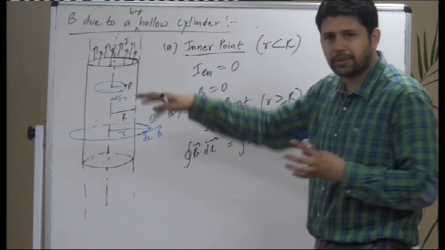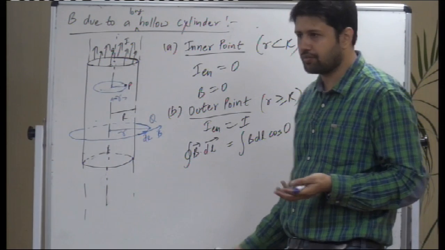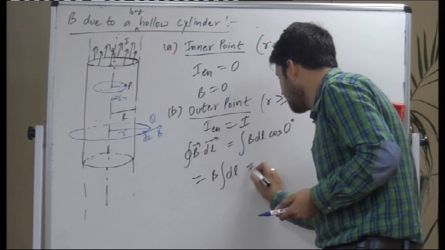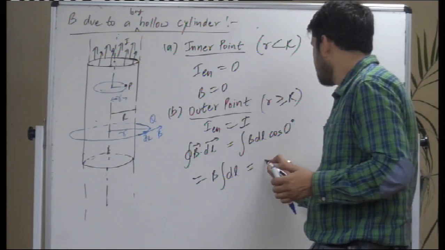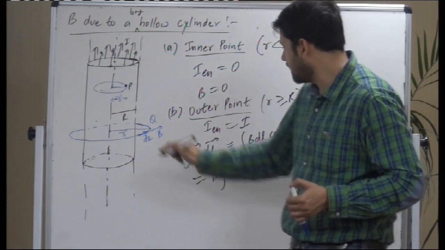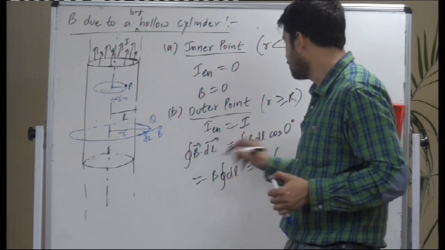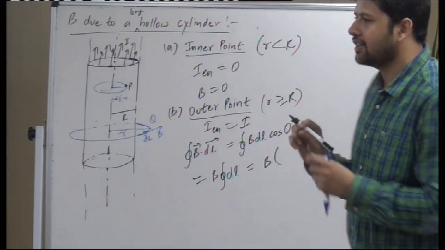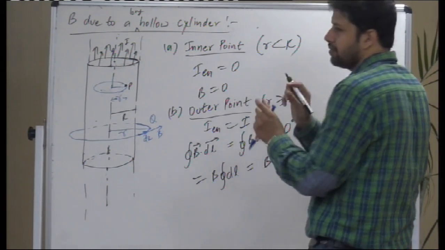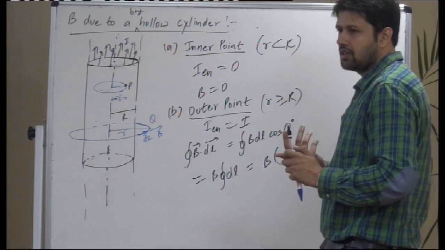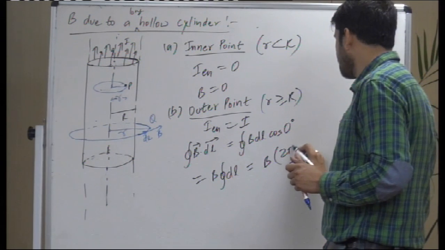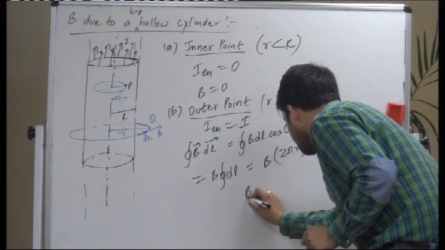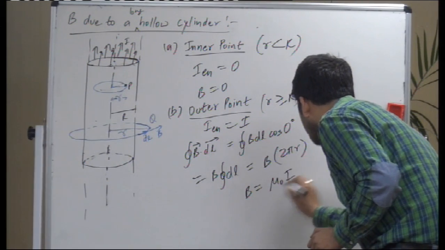Since symmetry is there, all points would have the same magnitude of B, so I would bring B out, and this would be the integral of dl for a closed loop. We are adding the lengths of small elements, which gives the length of the whole loop. So this is 2 pi r, and this is equal to mu naught I. So B is how much? Mu naught I upon 2 pi r.